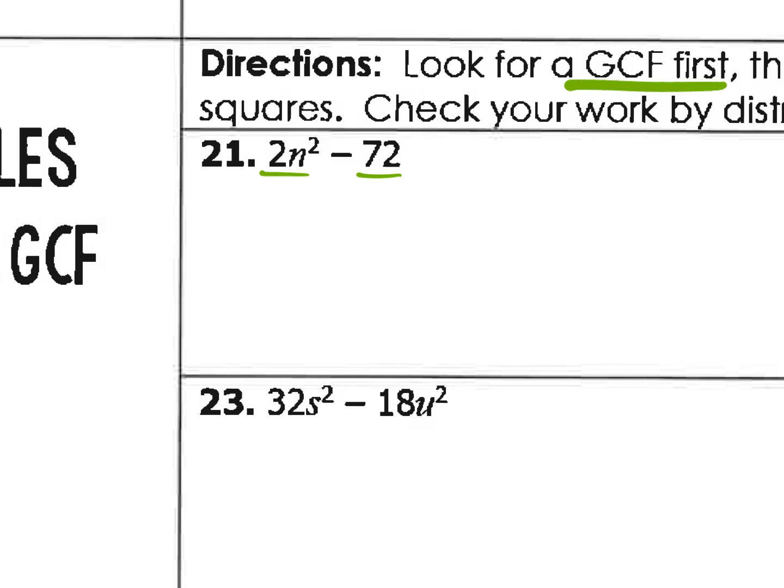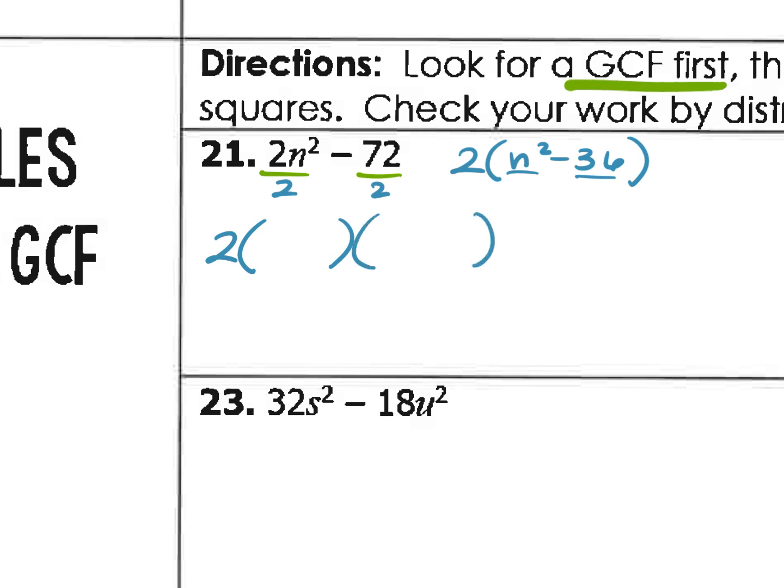2. You can divide everything by 2. So you're going to pull a 2 out, and then this is a difference of squares. You get 2n squared minus 36 when you divide by 2. And these are perfect squares, and it's a difference. So you set it up like this. One's going to be plus, one's going to be minus.